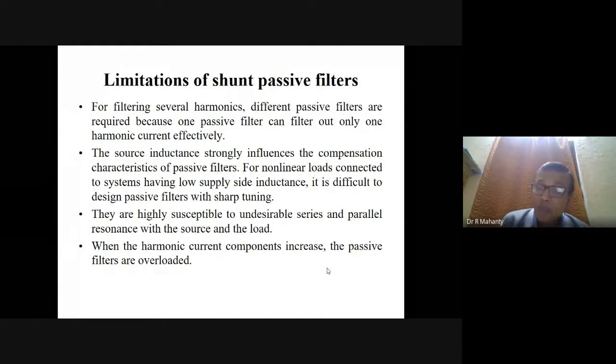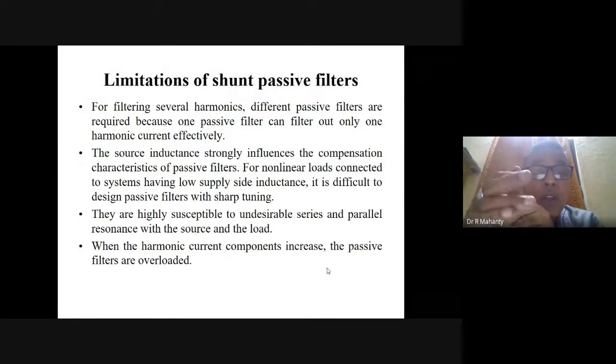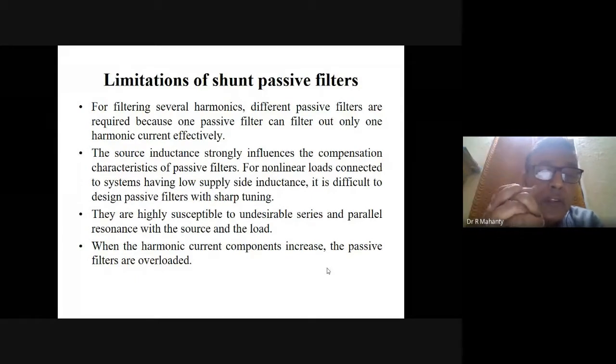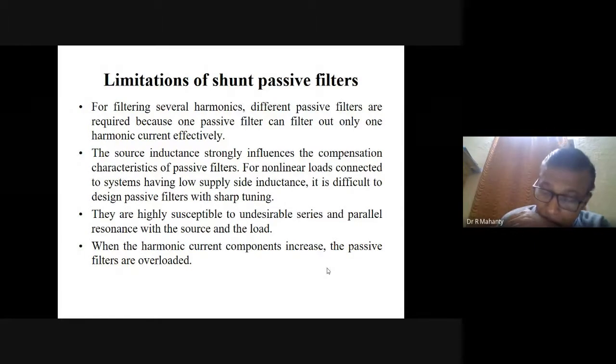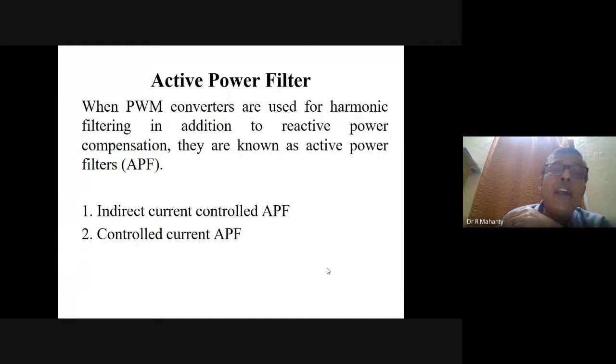First of all, you require a large number of shunt passive filters tuned to the dominant harmonic frequencies. Then we have the effect of source inductance. Then we have the effect of overloading of the shunt passive filters because of the increase in the level of the harmonic currents, and so on.